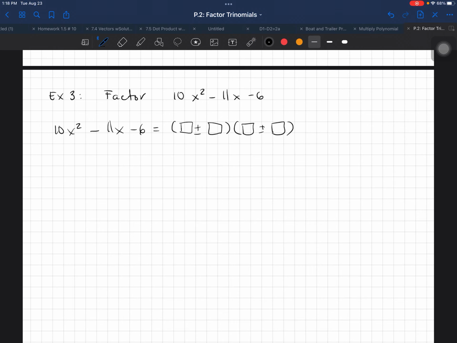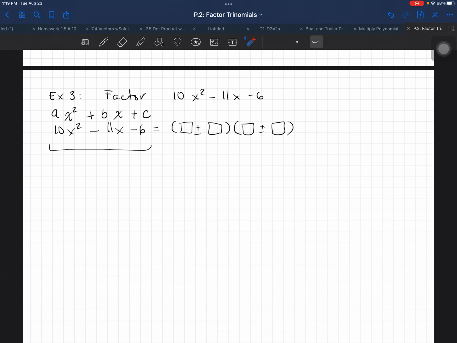AC method refers to the coefficients of this trinomial. Once you put this in order, that means putting this in descending order, right? Then it is established that this is known as the A coefficient, this is known as the B coefficient, and this is known as the C coefficient.